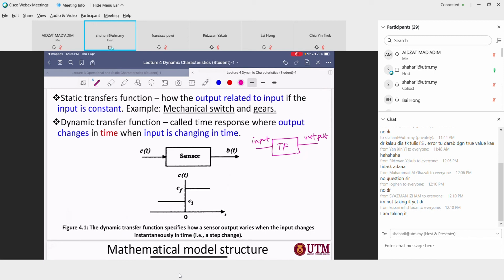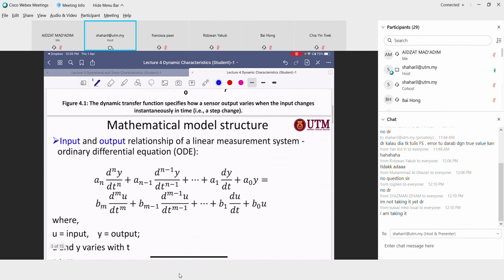Okay, that is static. Dynamic is it will be affected over time. When the input changes, the output also will change. Okay, so for the dynamic, the graph will be like this one. And then your output, you will also get the same behavior lah. Like this one. So you will get the same output from the same input.